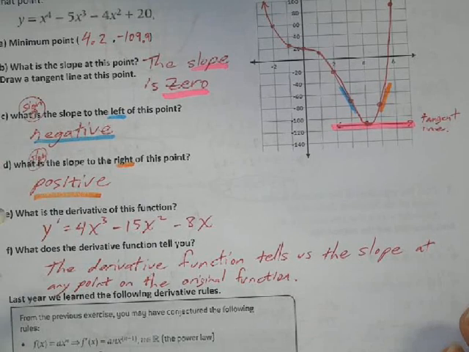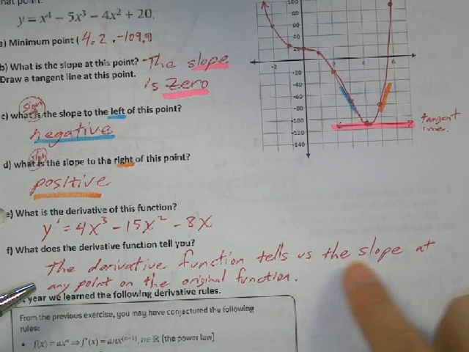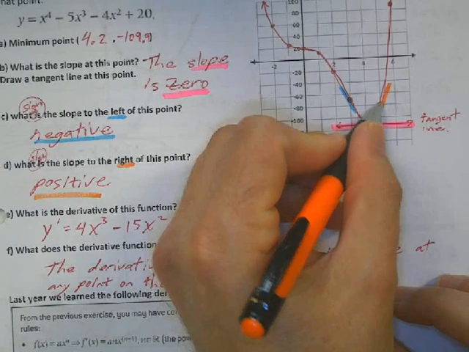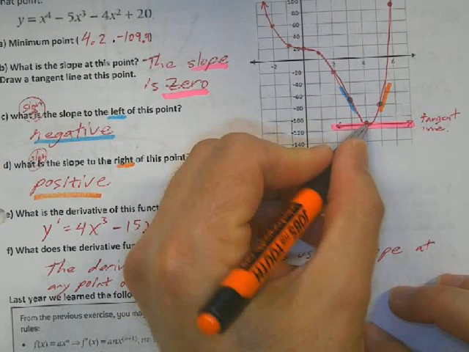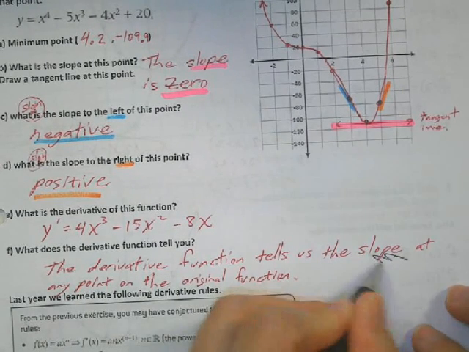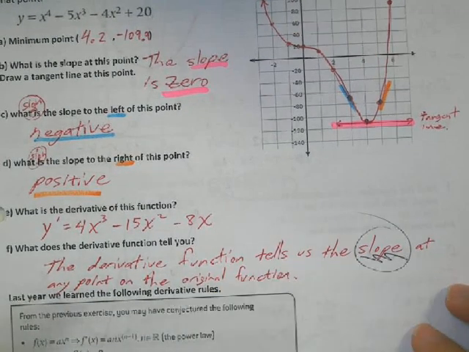Okay, so what does the derivative function tell you? The derivative function tells you the slope at any particular point on a function. If I took the derivative at this point, and at this point, and at this point, the derivative gives you the slope at a particular point.